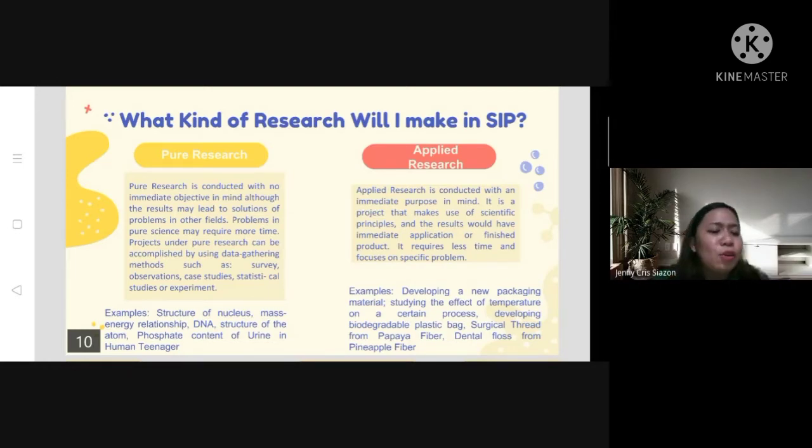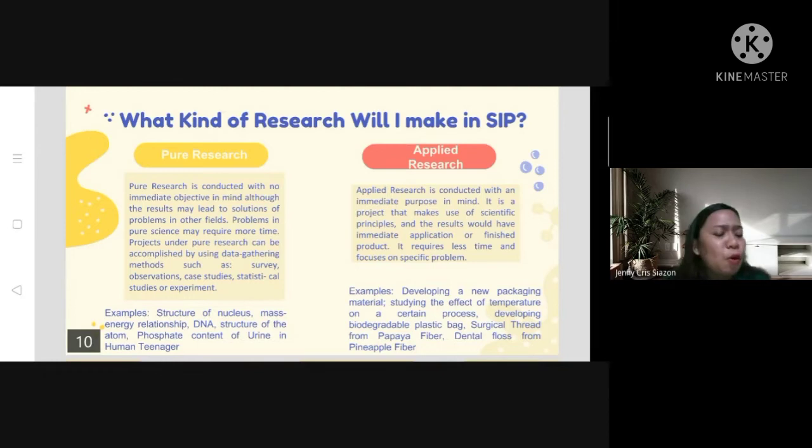So, pinaka-goal nito, sinusolusyonan mo ang problema, and ang gusto mo ay meron kang actual product na magagawa when you are doing the applied research. It requires less time compared to pure research and focuses on specific problem. Hindi siya ganun kalawak because you're going to focus more on specific problem.